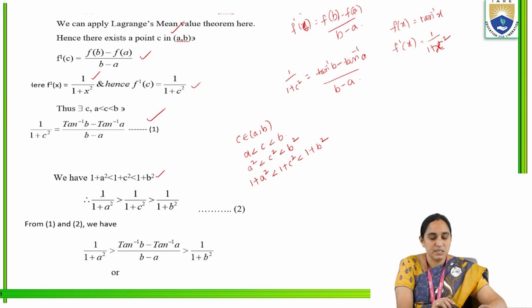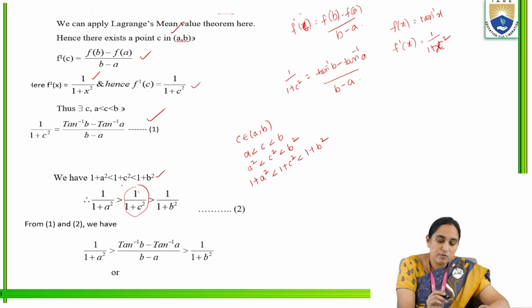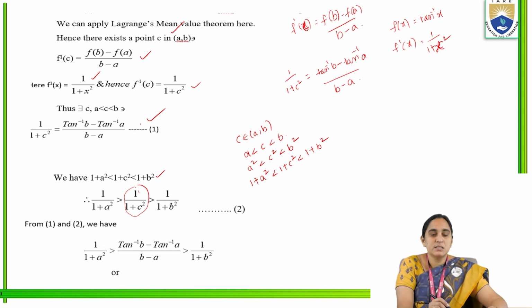Okay, from those conditions 1 and 2, observe, I am substituting from the first equation. What about the 1 by 1 plus c square? That is tan inverse b minus tan inverse a by b minus a. I am substituting there. That is 1 by 1 plus a square greater than tan inverse b minus tan inverse a by b minus a greater than 1 by 1 plus b square.